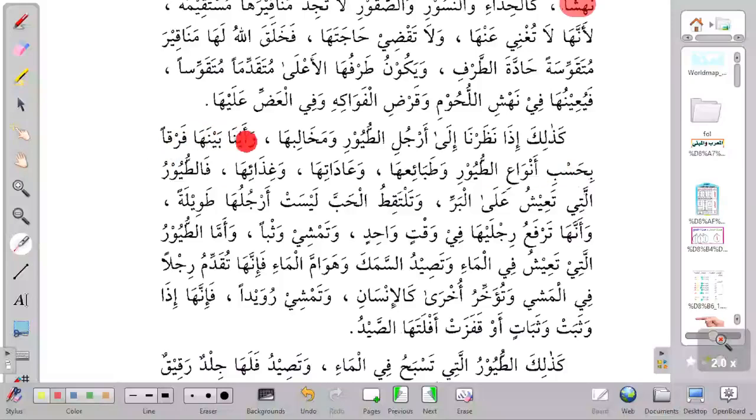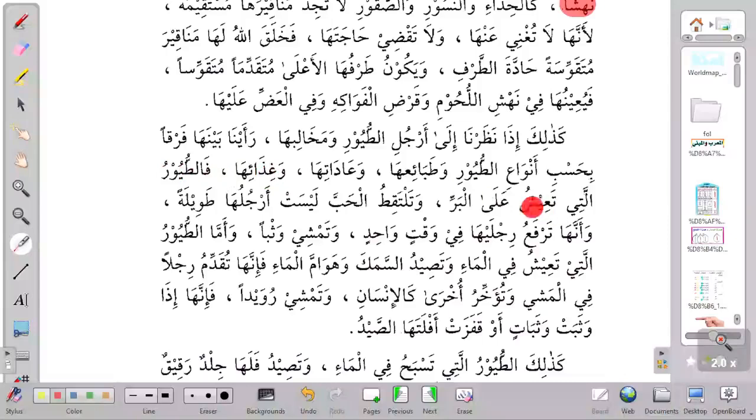So he's saying, ra'ayna baynaha farqan bihasbi anwa'i at-tuyur, based on the different types of birds. Wa taba'iha, and then their nature. Wa adatiha, and then their habits. Wa ghidha'iha, and then their food, the food that they consume.